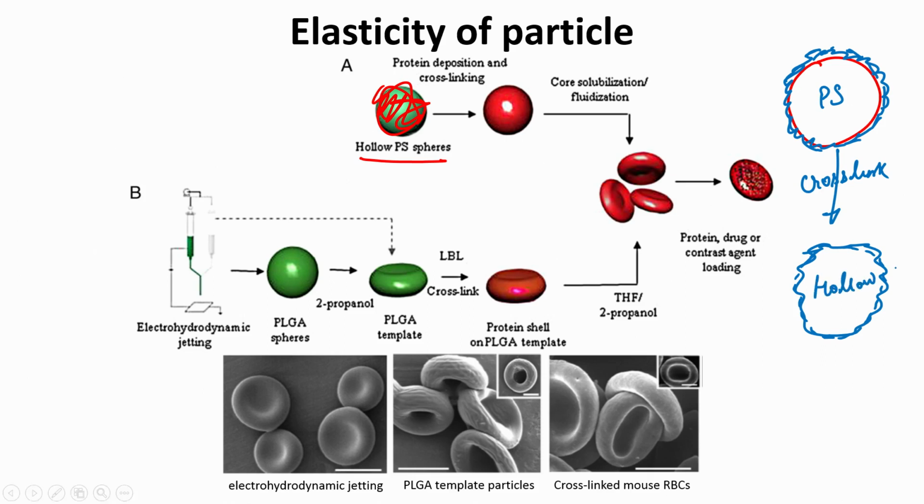So, essentially extremely low elastic modulus, and that you can then use to get these RBC shapes depending on the size. Because it is hollow it just collapses and you get these RBC donut shaped particles which are very low modulus.